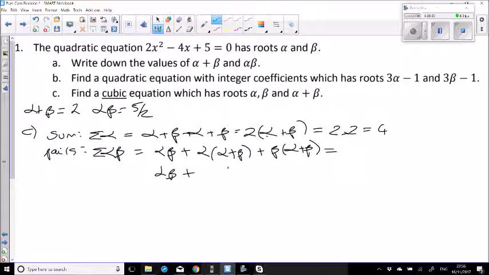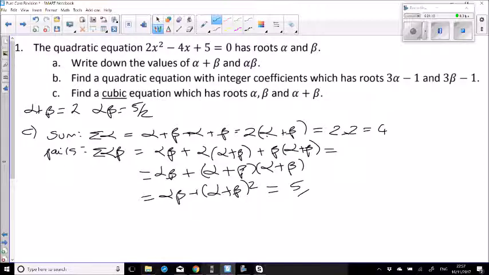And then I've got alpha times alpha plus beta, and plus beta times alpha plus beta. So that's going to be alpha beta plus alpha plus beta squared, or if you're not sure, you can expand that and factorise it again. So that's going to be 5 over 2 plus 2 squared.